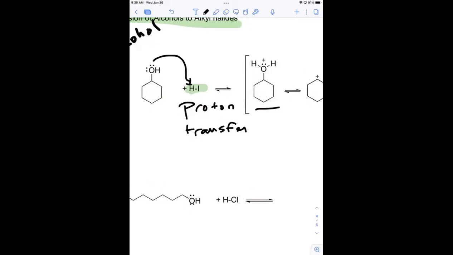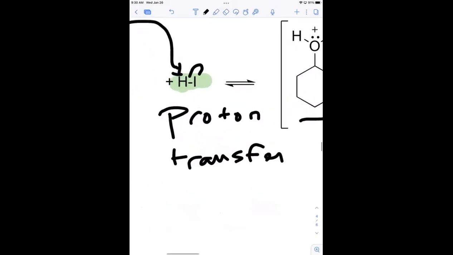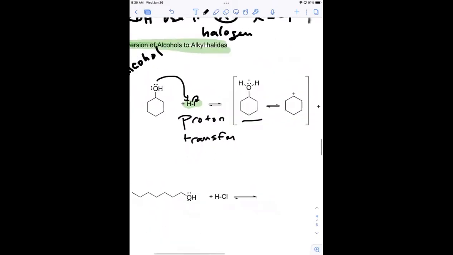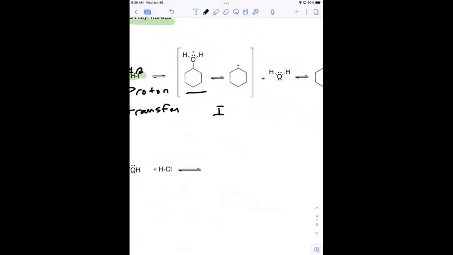This is acid-base chemistry. It attacks the hydrogen, and you break the HI bond, releasing the iodide as your eventual nucleophile. So it's acid-base, nucleophile, electrophile chemistry.